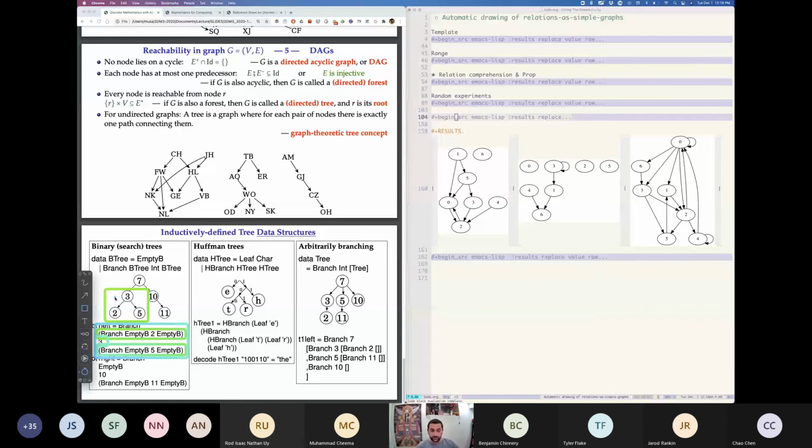Okay. So these trees are specific kinds of graphs, and they can be written inductively. A binary tree having at most 2 kids is either empty, like 0 or the empty list, or it's a branch consisting of 2 trees and some information: a tree, some information, and the other tree.